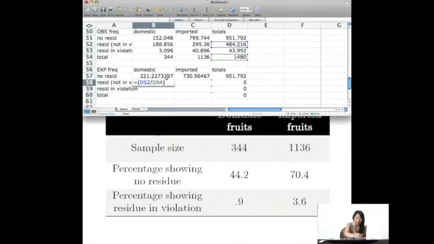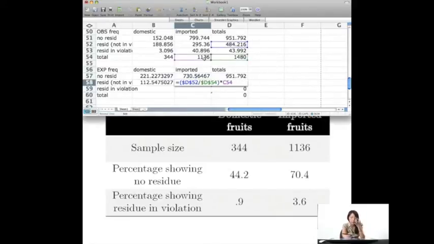And I'm going to lock down those values. Oops. And then I'm going to multiply that by the total number of domestic fruit. And then if I copy that over, that should give me the expected value of imported fruits given this proportion.